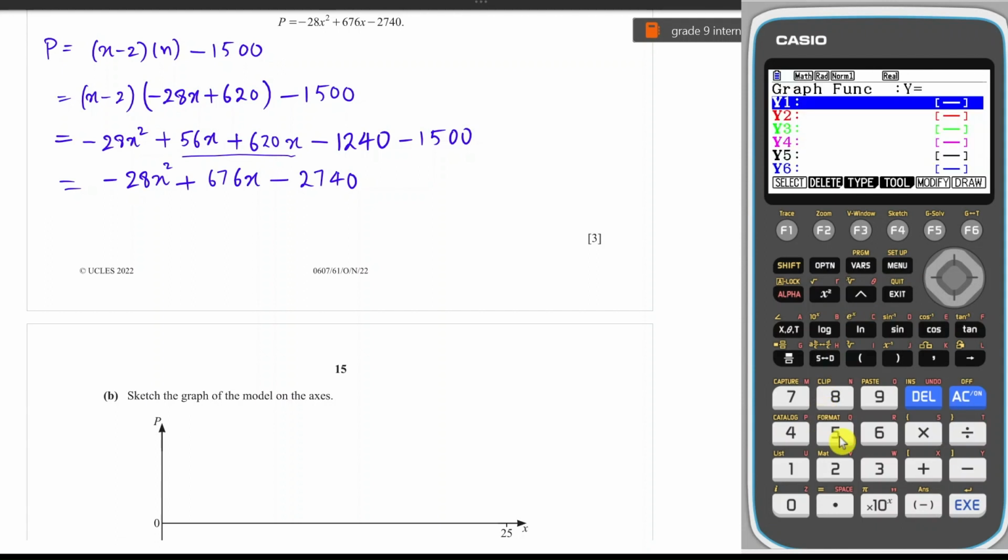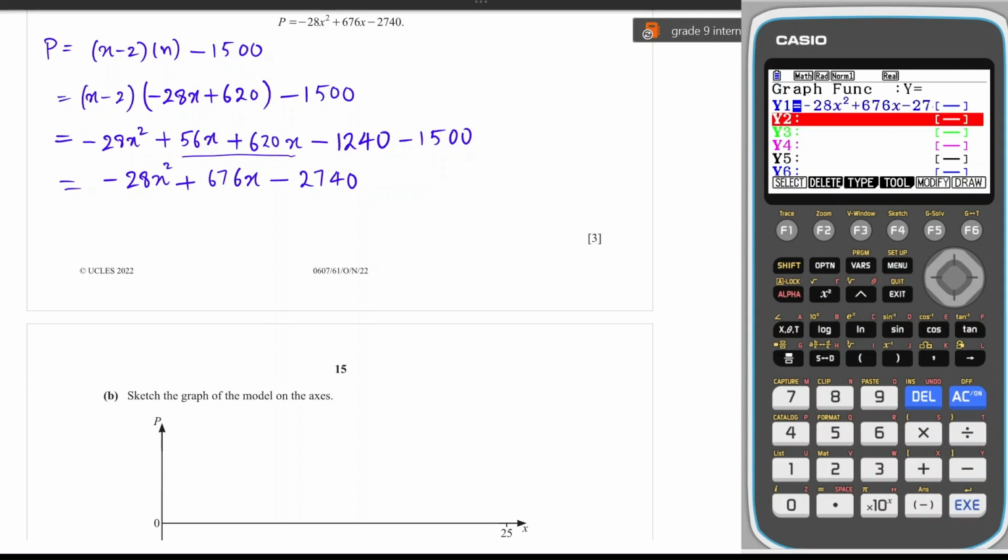So that gives me minus 28 x square plus 676 x minus 2740.